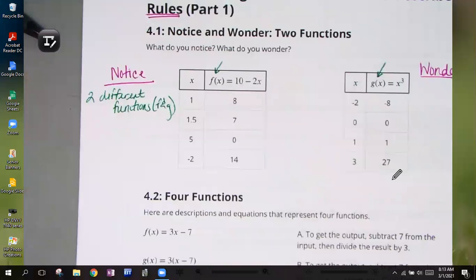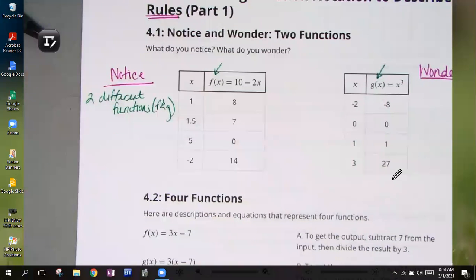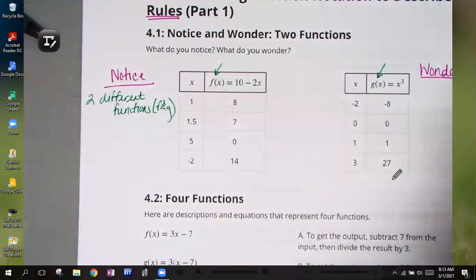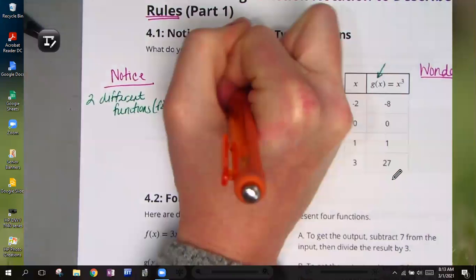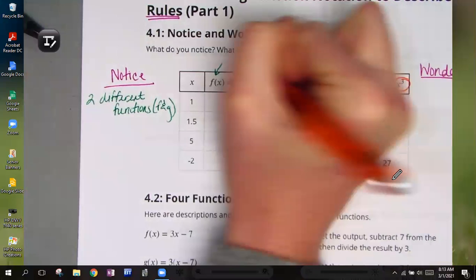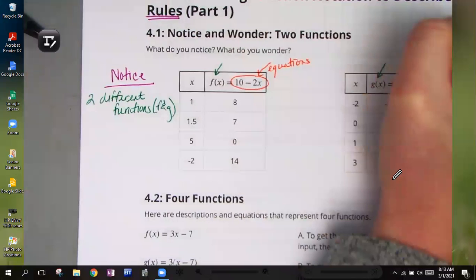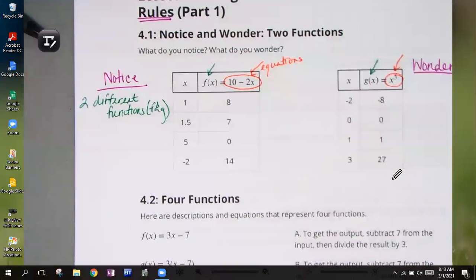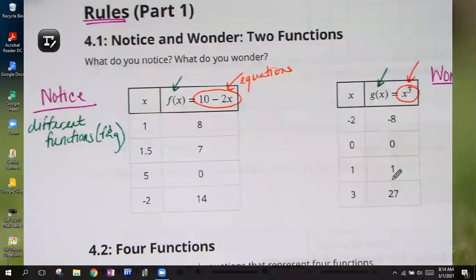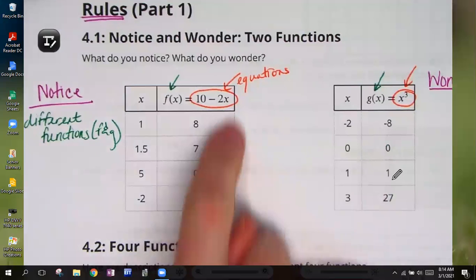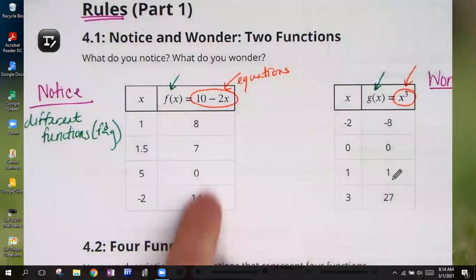Good. What else do you know, Sky? I saw there's 2 different formulas. Okay, so in these, it gives us these equations in here. When we're looking at this table, what part of the table is that equation in? The Y, or the output.